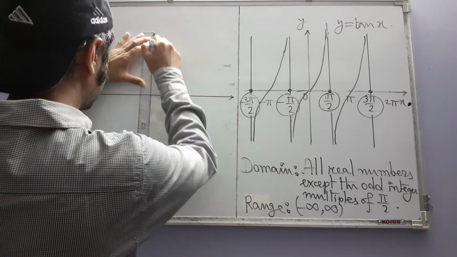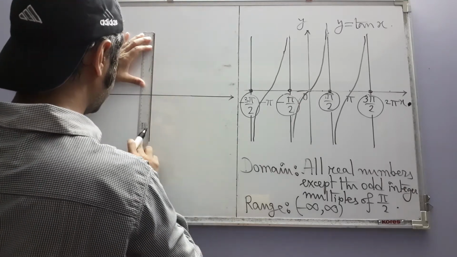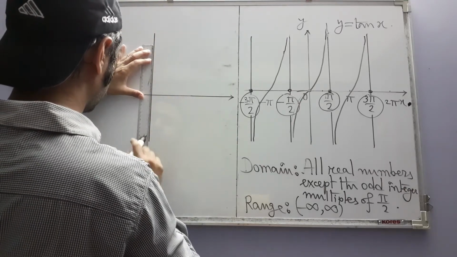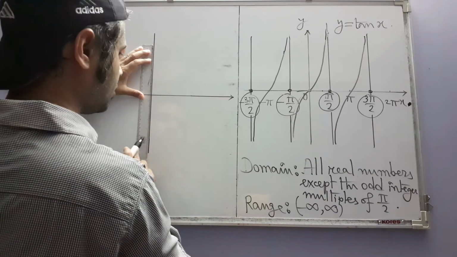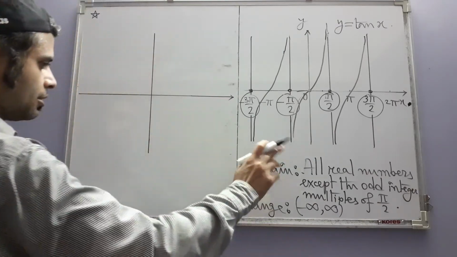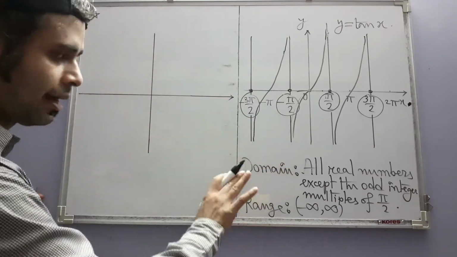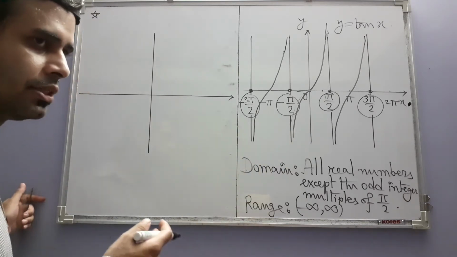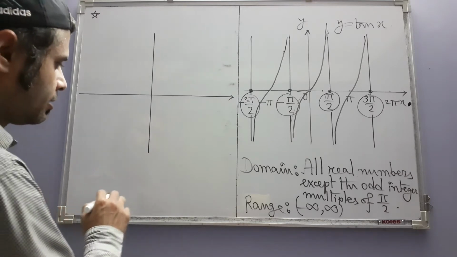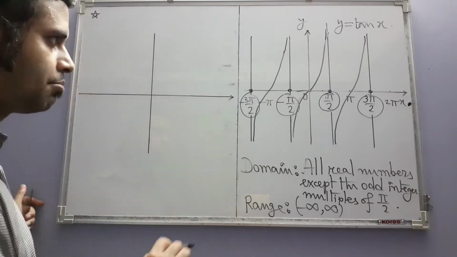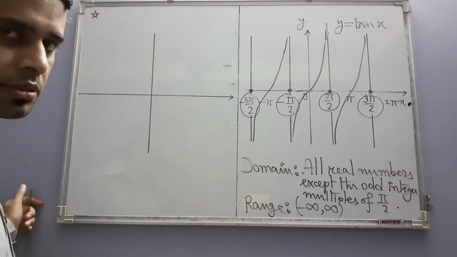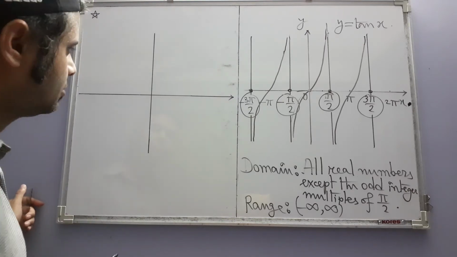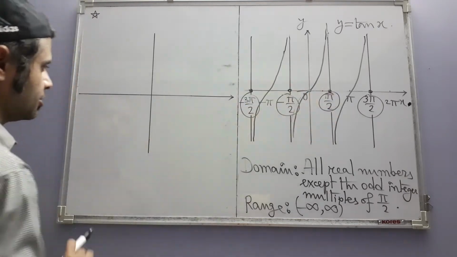And in fact, what is the relationship between secant x and cos x? Secant x is 1 divided by cos x. So the problem that you have with tan x, that same problem you have with secant x, precisely those same points where cos x becomes 0 have to be removed from the domain. So actually these points themselves.